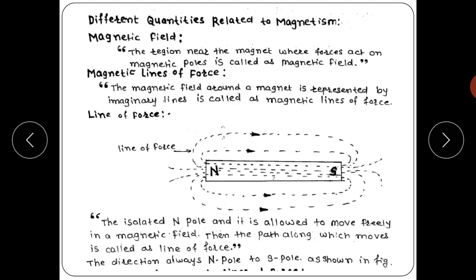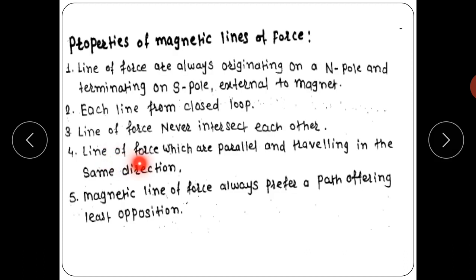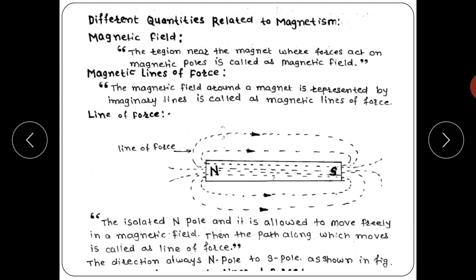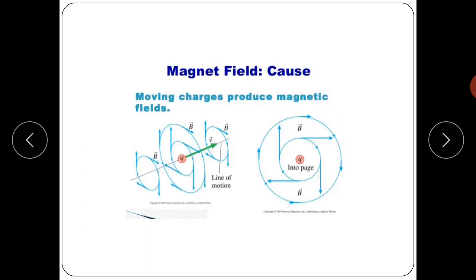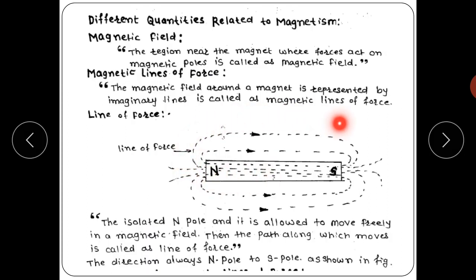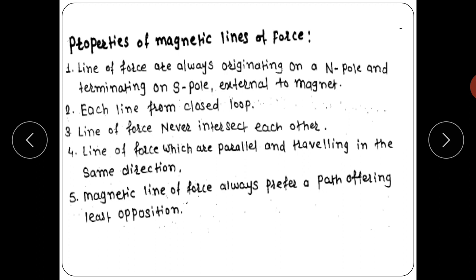Fourth, lines of force which are parallel and travelling in the same direction, the parallel ones have the same direction. Fifth, magnetic lines of force always prefer a path offering least opposition. These are the properties of magnetic lines of force.